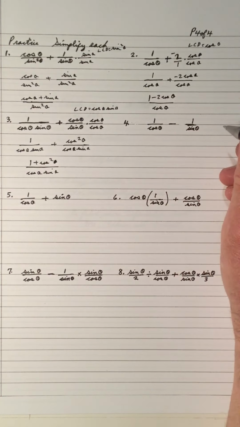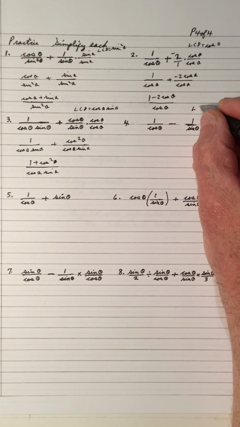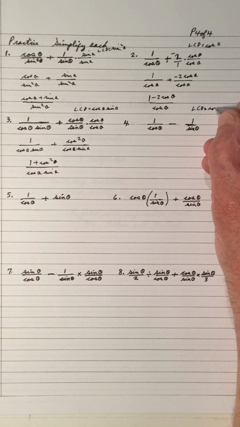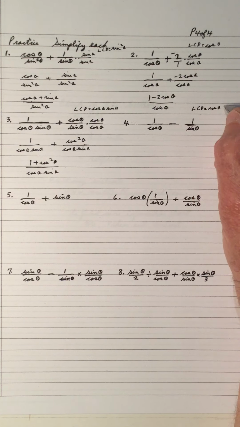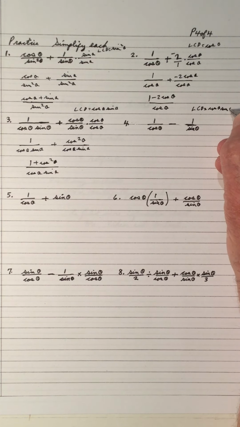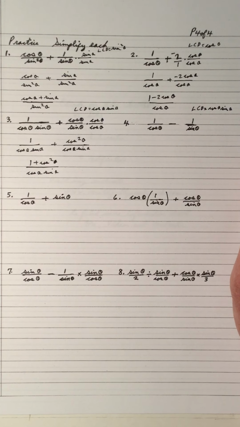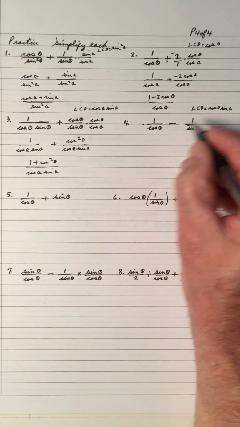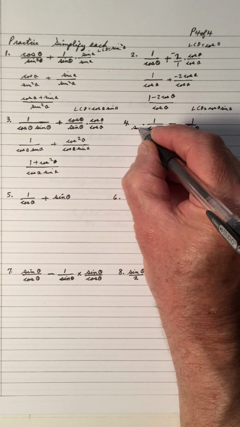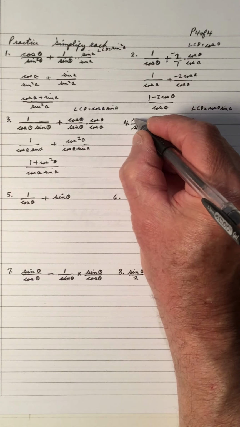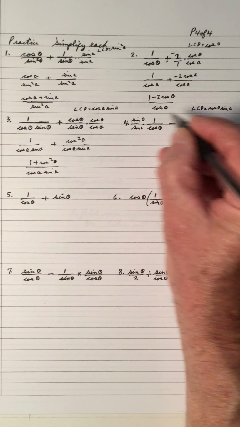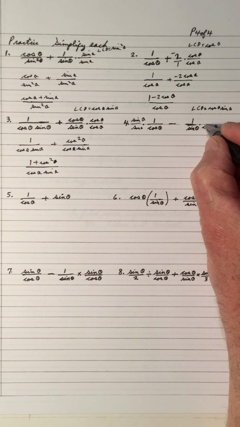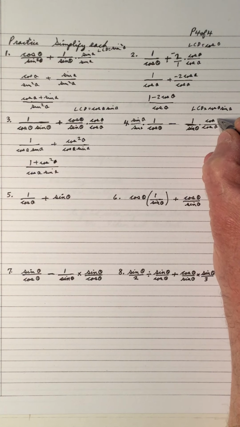And number 4, the LCD, you have to have this denominator, which is cos theta, and you have to have this denominator, which is sine theta. So this one is multiplied by sine theta on top and bottom, and this one is multiplied by cos theta top and bottom to keep it equivalent.